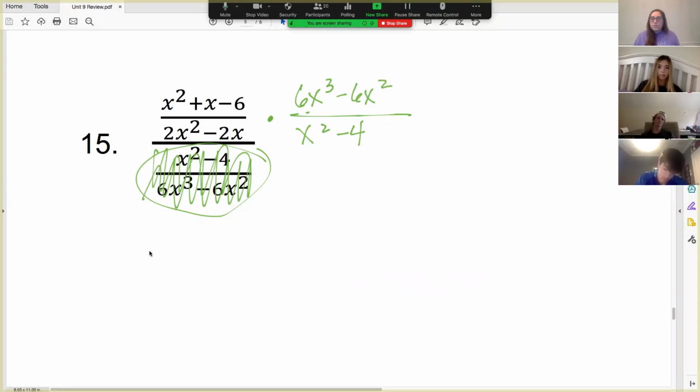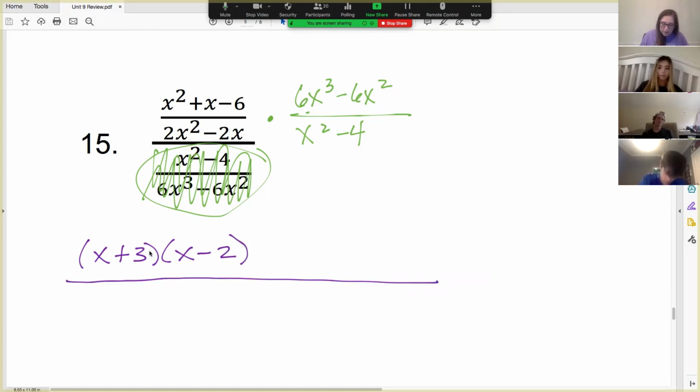So what I want to do is factor each component: top left, top right, bottom left, bottom right. The hardest part about this kind of question is not that it's difficult, it's keeping organized. So I would suggest don't try to bunch up your work, space it all out so that you're really organized with what factors you have. So the top left would factor to be x plus 3, x minus 2.